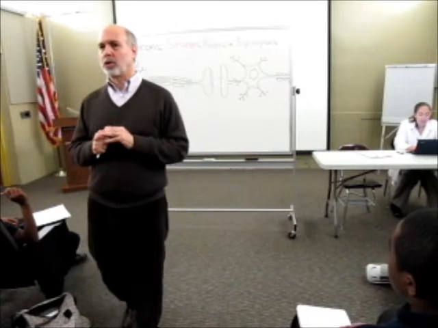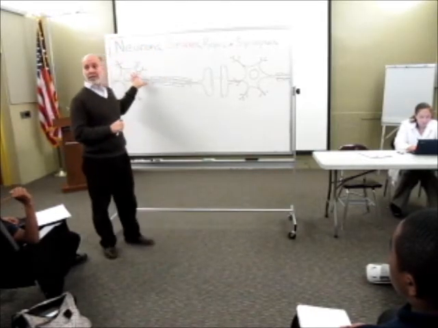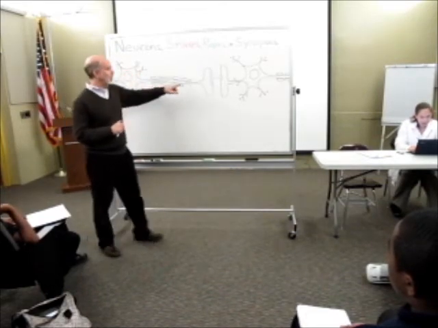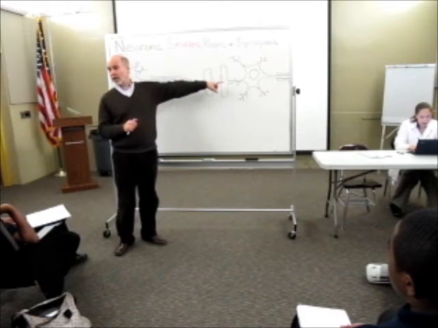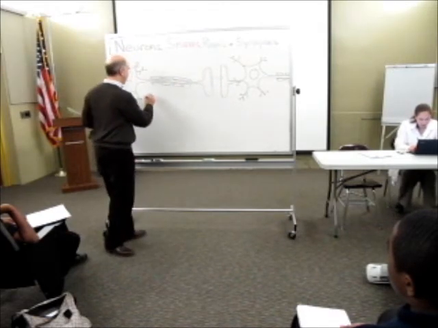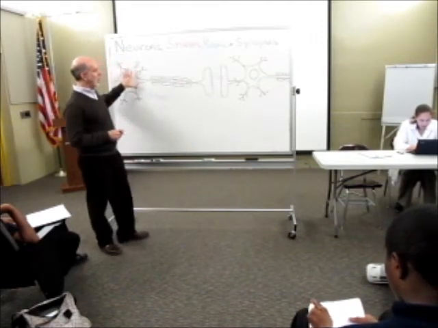Not really. Okay, so stroke causes nerve cells to die. So if this nerve cell dies, there's going to be no transmitter to send across the synapse, and there's going to be no signal. So stroke is one kind of condition which causes the cell to die.